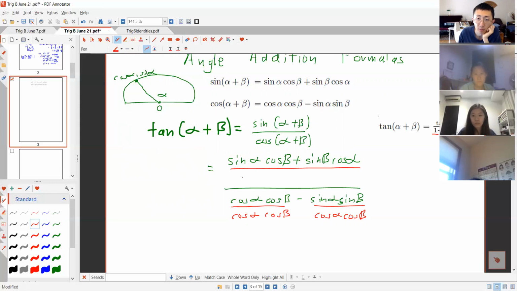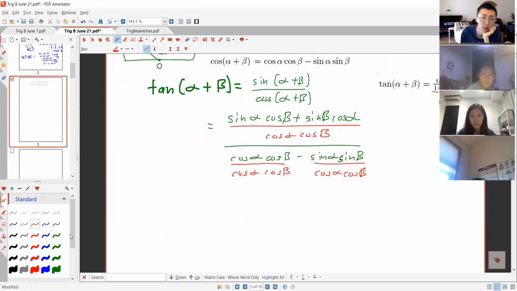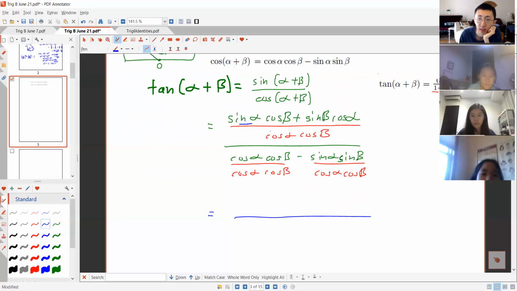Okay. So then what does this equal? Let's see. So here we have a cos beta and a cos beta. Those will cancel out. So then what's sine alpha over cos alpha?